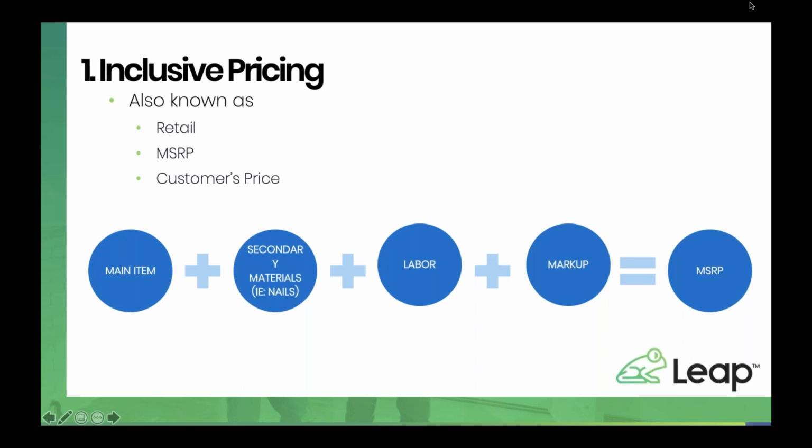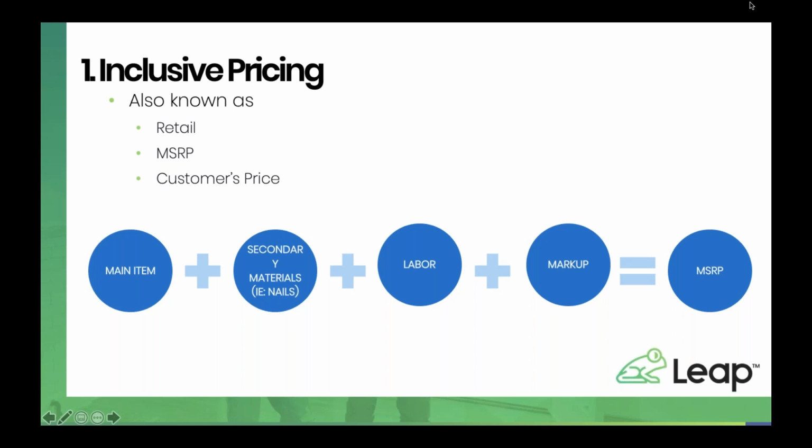So when we're talking about inclusive pricing, that means no matter what products or service you sell, as you enter those items individually into the price guide, the price of each item will incorporate the material, any secondary materials that come with that. So when we're talking about things like shingles, we all know that we need nails when we're going to be installing a product like that.